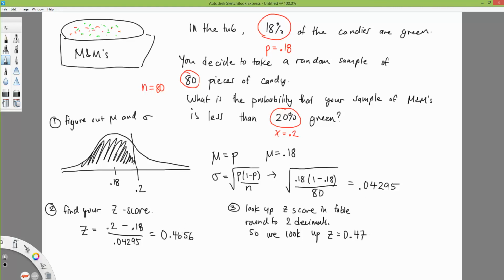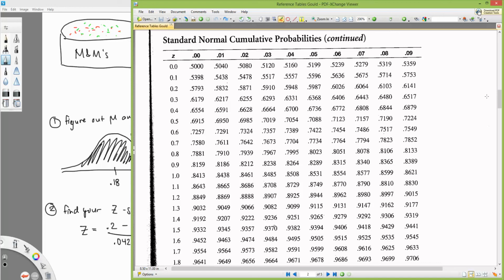You looked up 0.46 or whatever when you did your midterm. I was lenient and I didn't penalize you guys for that, but I should have. 0.4656, you should look up 0.47, because you round off to 2 decimal places, and because the number after the second decimal, or the hundredth place, is a 5, you round up. So anyway, z is equal to 0.47.